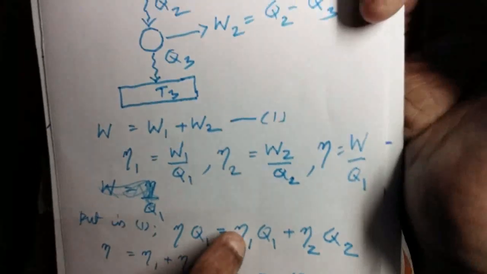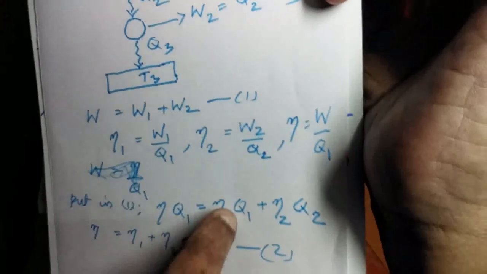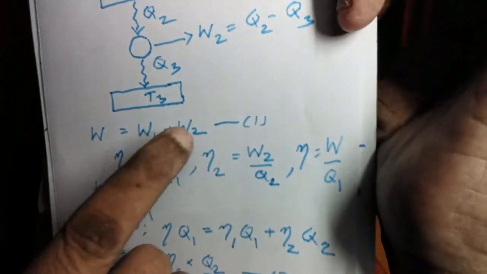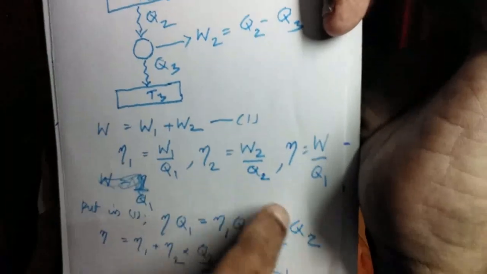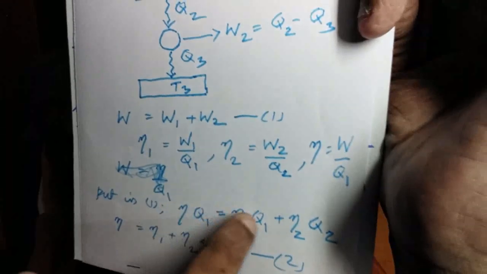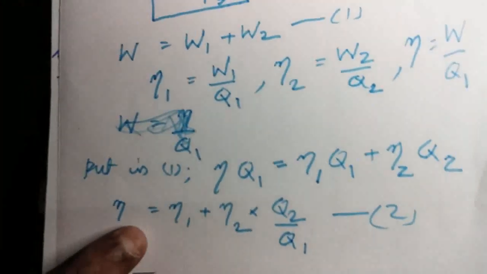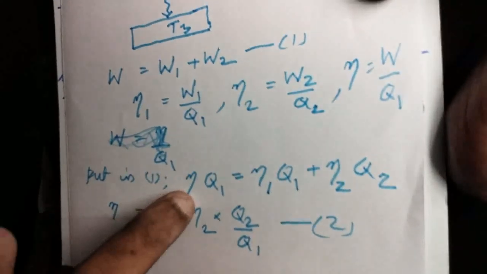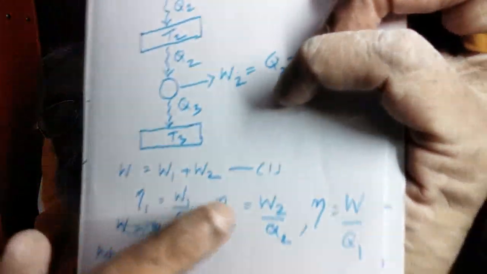Eta into Q1 equals W1 which is eta 1 Q1, plus W2 which is eta 2 into Q2.